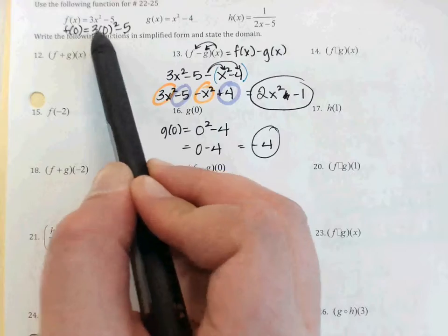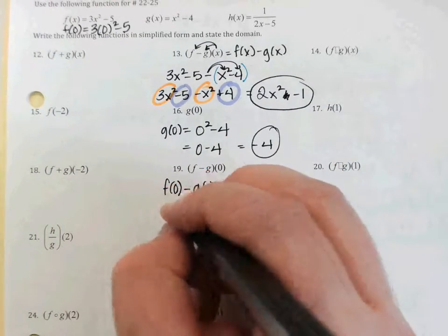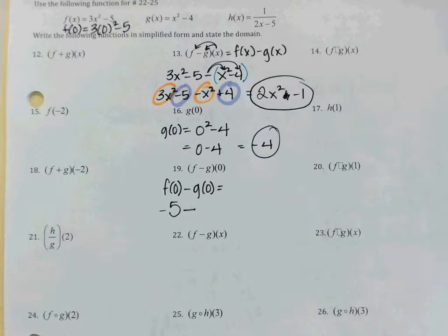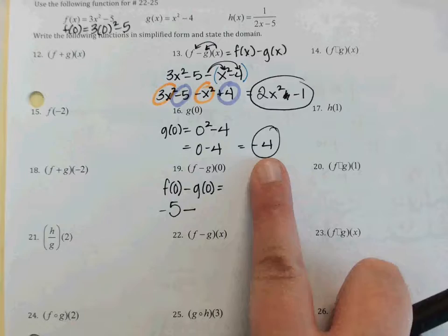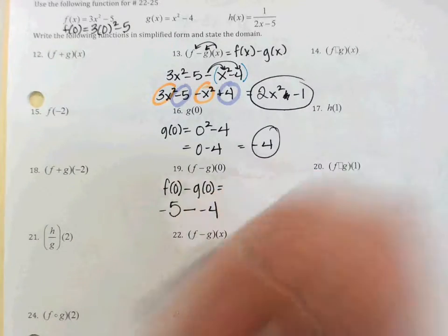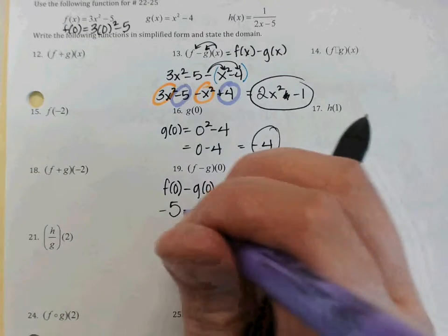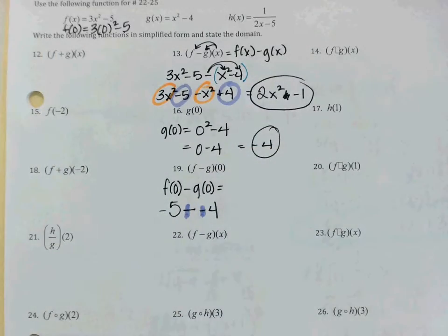Still 0. What's 0 minus 5? Negative 5. So f of 0 is negative 5, and g of 0 I just found. Yeah, right here, see it? G of 0 we found was negative 4. So if I have negative 5 minus negative 4, that's really a plus. So it's negative 1.